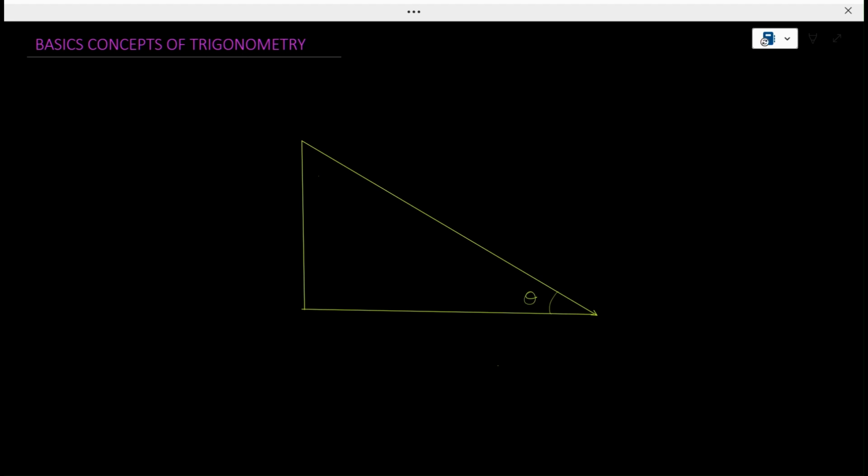So looking at a right angle triangle, this line is called the perpendicular. This line is known as the base and this line is known as the hypotenuse.